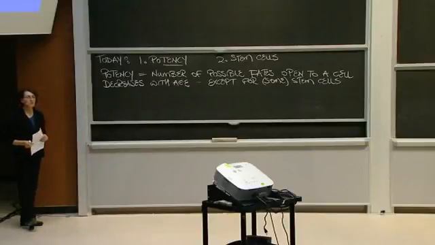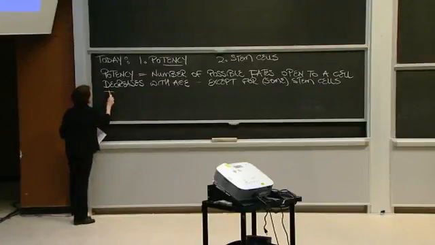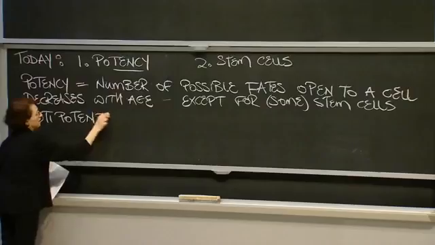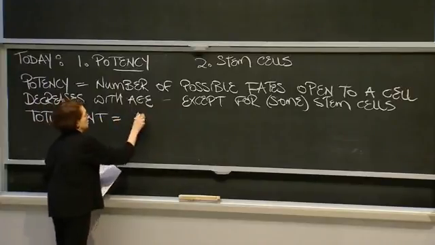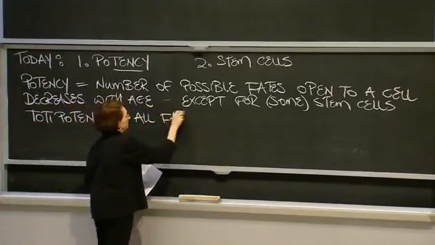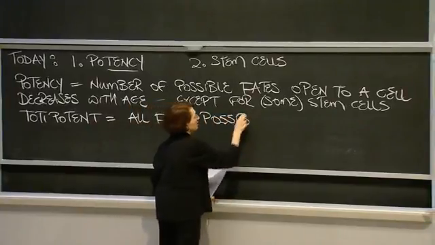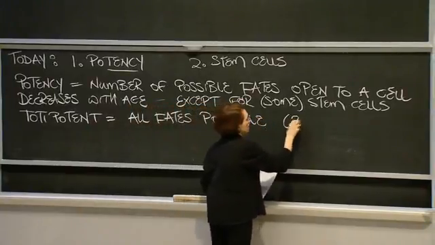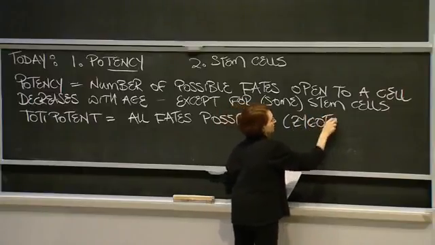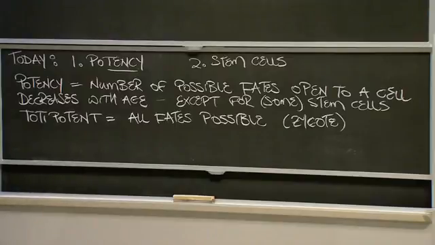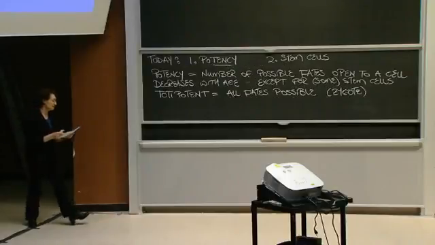What kinds of potencies are there? There's the big one, totipotent, where a cell can become all fates. And there's really only one cell that can do this in the normal animal, and that is the zygote. And in most animals, even as the zygote becomes just 2 cells or a few cells, that full potency is lost.